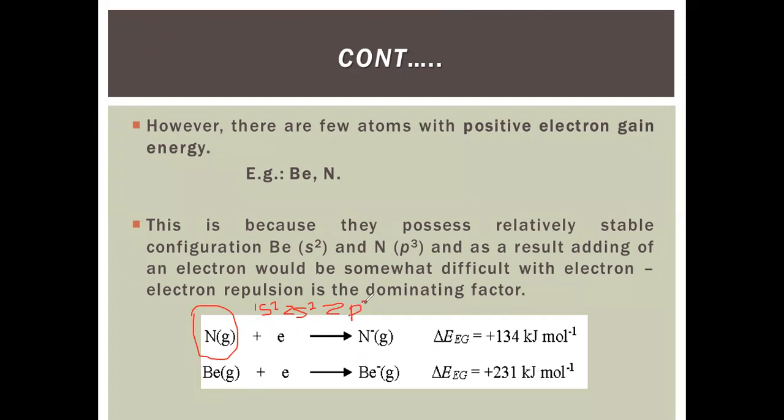Beryllium is 1s2, 2s2, a fully filled one. Therefore it has a little bit more energy, so it absorbs energy during the electron gain process. Therefore, the electron gain energy for nitrogen and beryllium is positive.